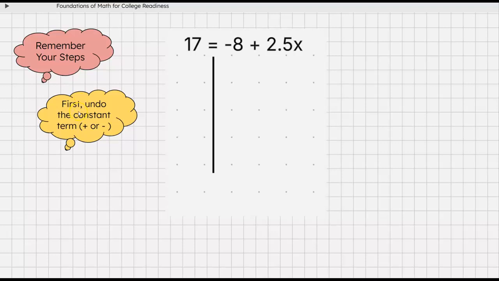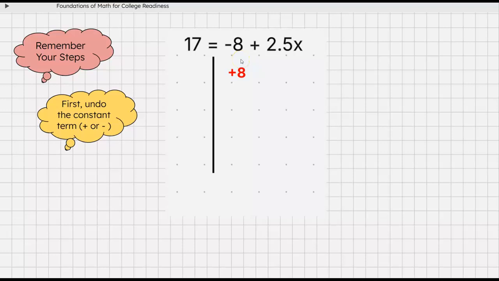So we need to undo the constant term, not just assume, oh, we see an addition sign, so we need to minus. No, we are looking at what the value of our constant is, actually negative 8, and that plus sign indicates that we have a positive coefficient.